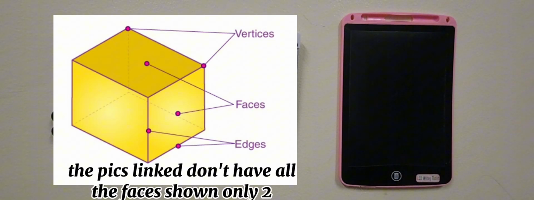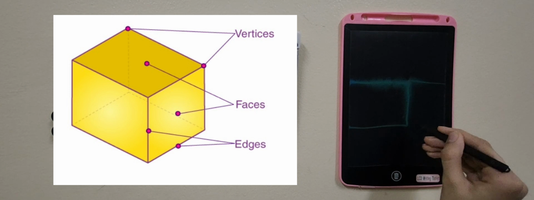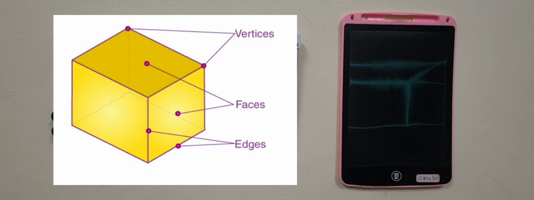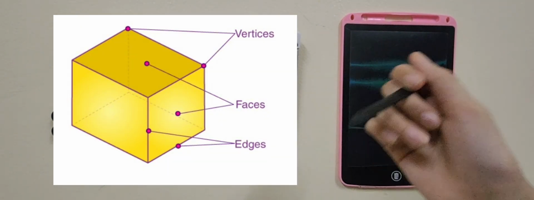Now I'm going to be going very fast through these because we learned them very slowly for the last shape, which was cuboid. Now we're going to be moving on to vertex. I also have the picture linked. Over here we have another cube. This mostly looks like a cuboid, but it is a cube. You can check over here.